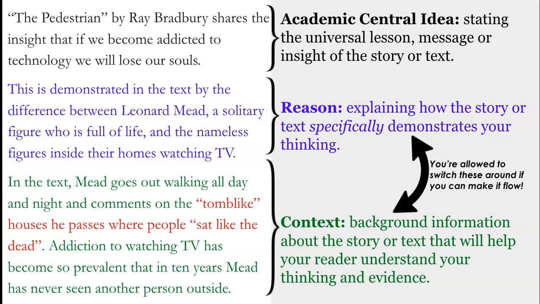I didn't include all of the paragraph. I just picked little bits out from that paragraph that I could drop into my context so it makes sense. Addiction to watching TV has become so prevalent or so common that in 10 years, Mr. Mead has never seen another person outside.